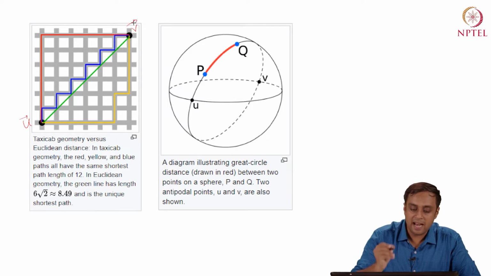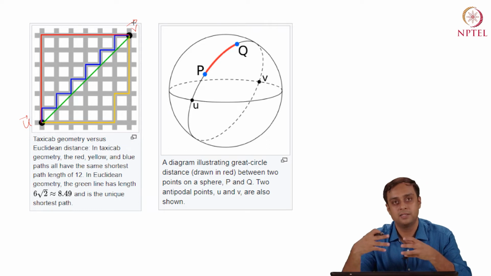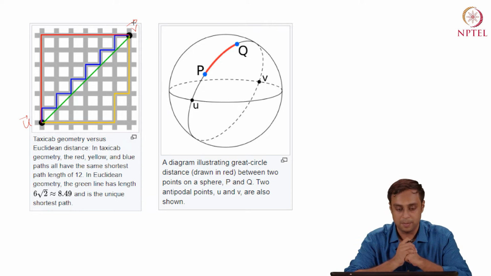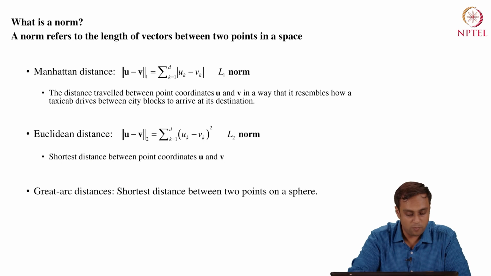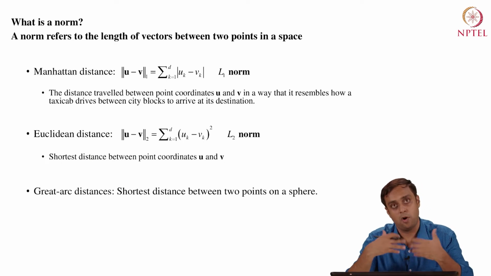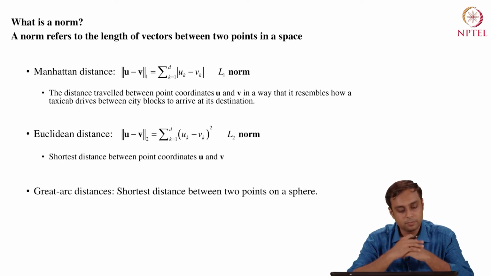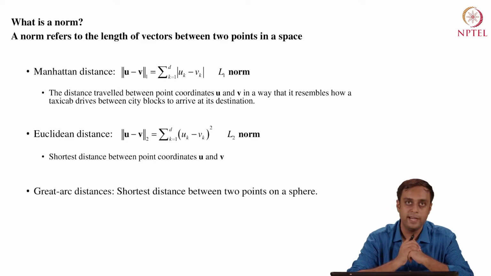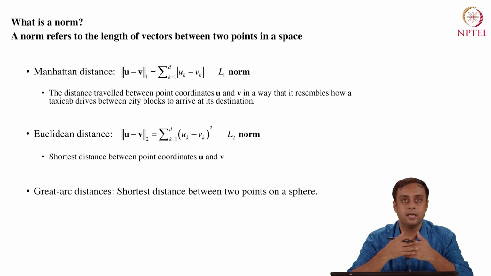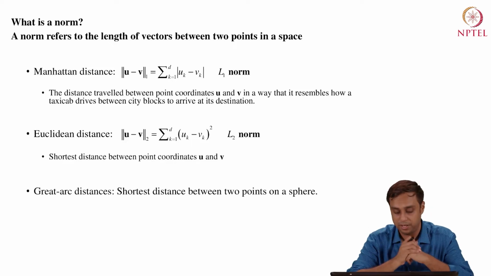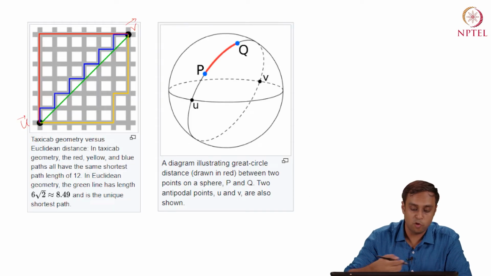Okay, so that is what the Manhattan distance is able to calculate. The second type of measure for distance between any two given points in space is called the Euclidean distance, and this is indeed the shortest path between the points u and v. So again, go back to the picture.